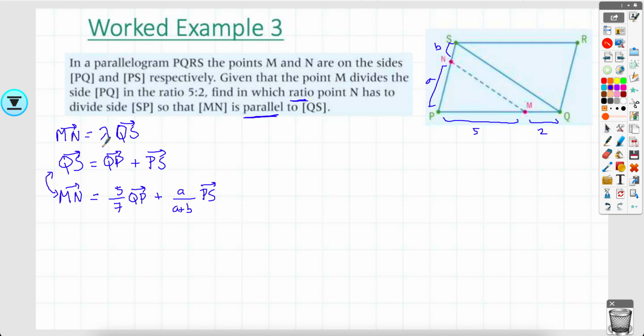I know that they both have to be equal to this lambda.